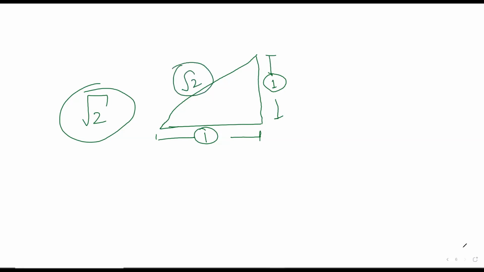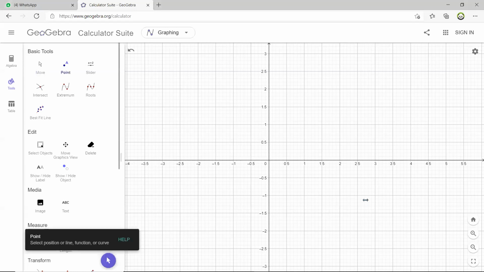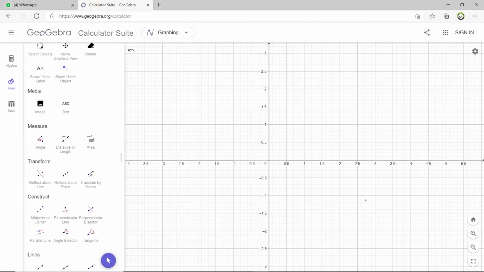Okay, so now what we can do is, let me just share the calculator, the graph. All right, so now what I'm going to do here is, let me make a line, okay? And I hope you guys are doing the same in your notebooks with a compass, a pencil, and a ruler.